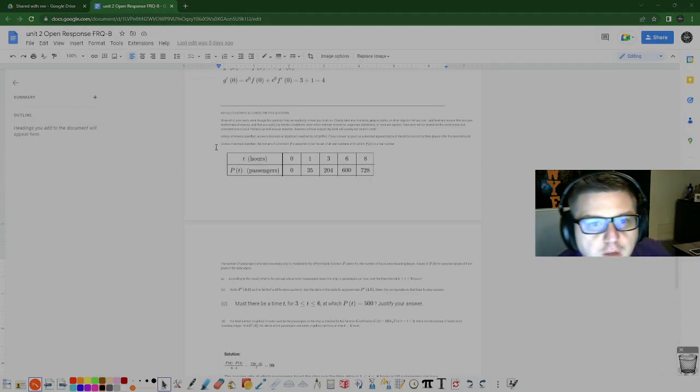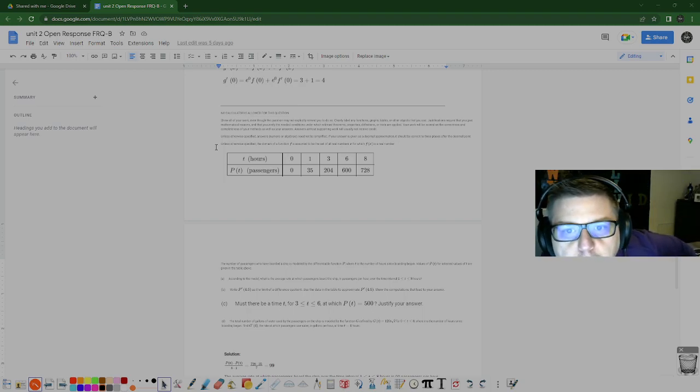Show all your work, even though the question may not explicitly remind you to do so. Clearly label any functions, graphs, tables, or other objects that you use. Justifications require that you give mathematical reasons and that you verify the needed conditions under which relevant theorems, properties, definitions, and tests are applied. Your work will be scored on correctness and completeness of your methods as well as your answers.